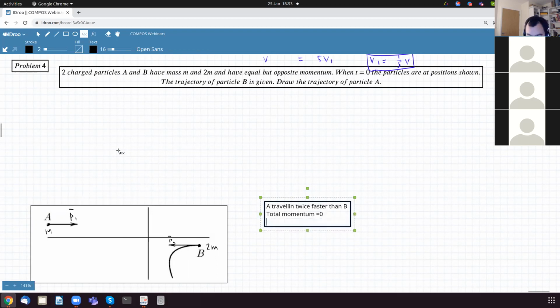That means A and B will always, at any point of time, travel in opposite directions.